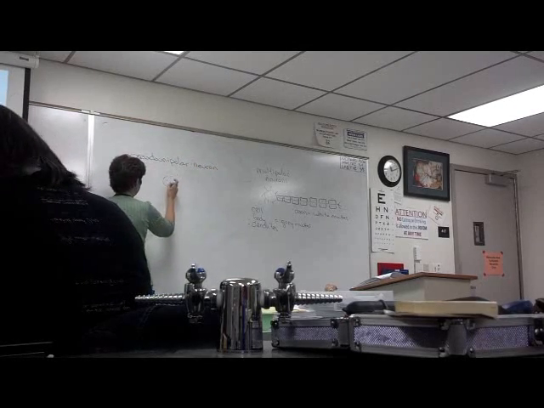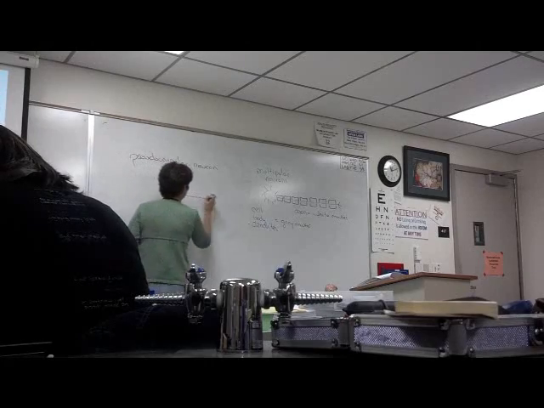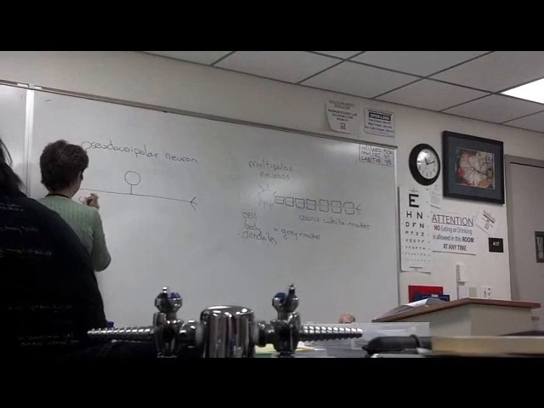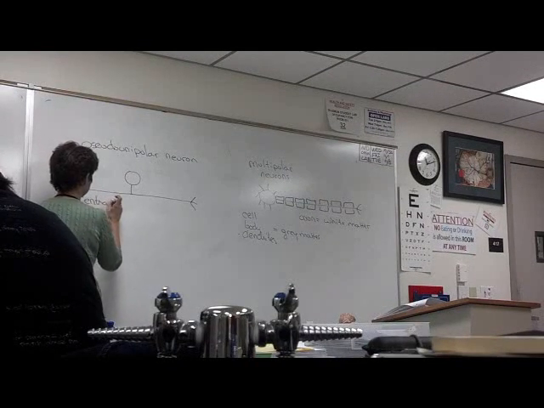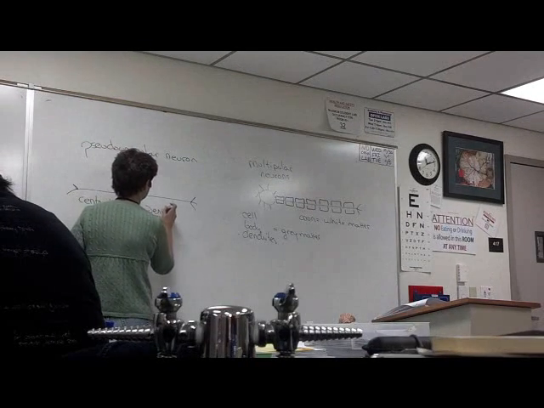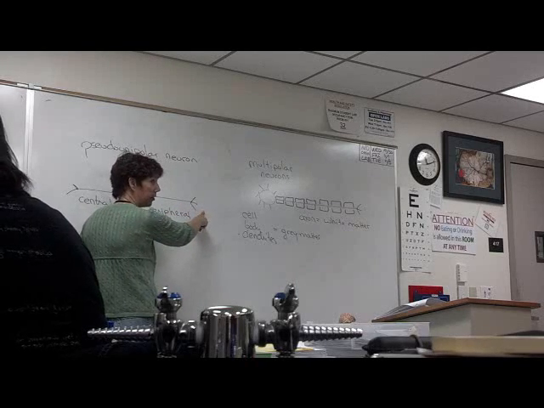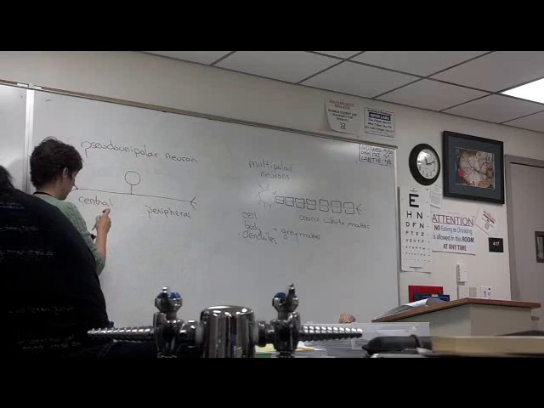Then we have a neuron that looks like this. It has a peripheral process and a central process. This coming, say, from the skin or your joint, and this going into the spinal cord.